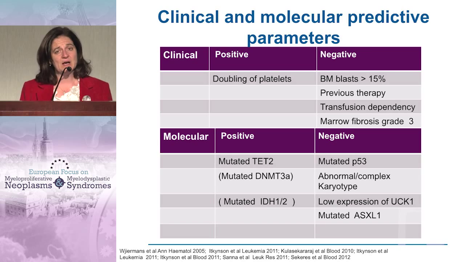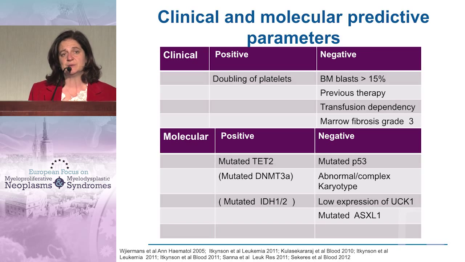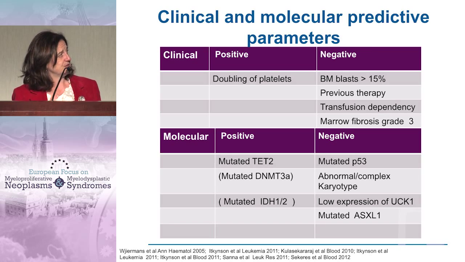If you consider the overall survival, then you have different parameters. Performance status, and you already heard about comorbidities, circulating blasts, transfusion, and of course karyotype once again, which is quite important. But there are now clinical and molecular parameters which are pretty important. Now, if you have a patient who is doubling platelets very quickly, this is a very positive parameter for judging response.